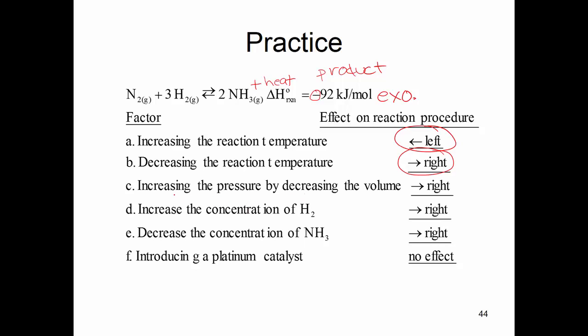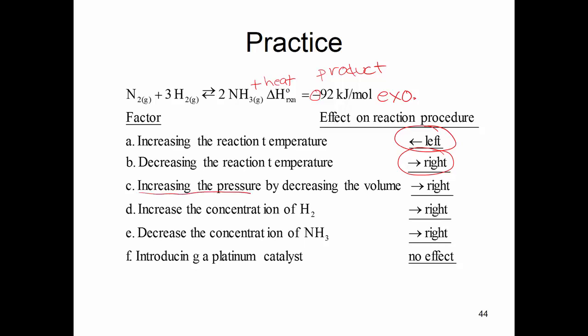Okay? If we increase pressure, we haven't talked about gases really, but when you increase pressure you decrease the volume. So think about if you press on a balloon or something, you're decreasing the volume. That's what's occurring here.